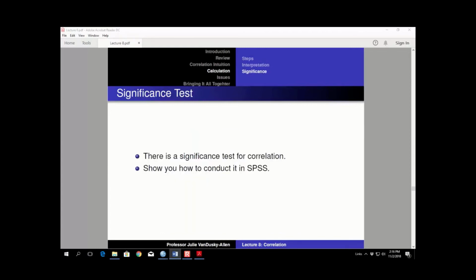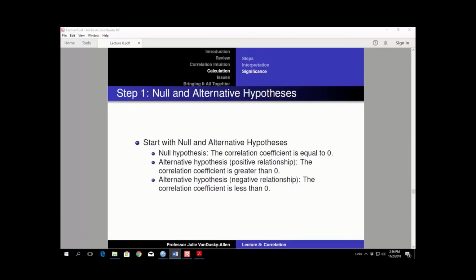There is also a significance test for correlation that helps us determine if variables are statistically correlated. I'm going to show you how to conduct the test in SPSS instead of by hand. Step 1 is writing the null and alternative hypotheses. The null hypothesis is the correlation coefficient is equal to 0.